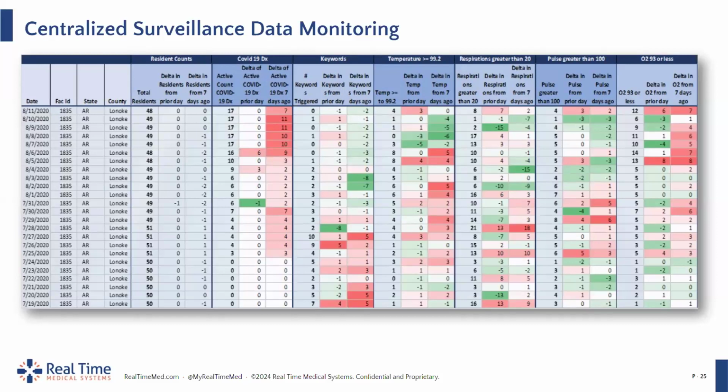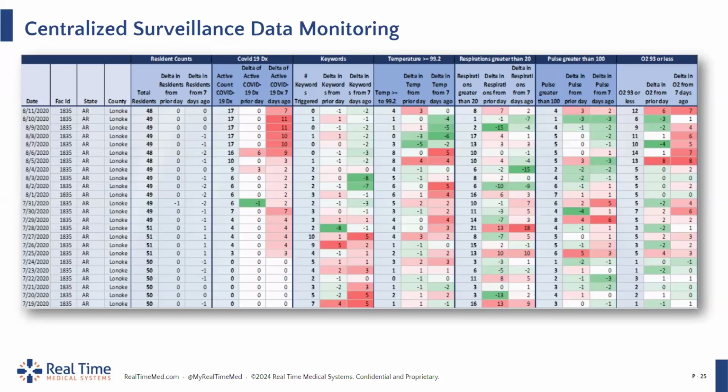If you go all the way over to just even the top row on the far right, and we look at our oxygen percentages of 93% or less, I'm able to see that I now have an influx. I now have 12 residents that are struggling with their O2%. Yesterday, I only had 6, and that's a pretty good change from the day prior.